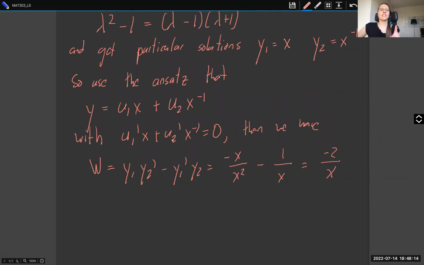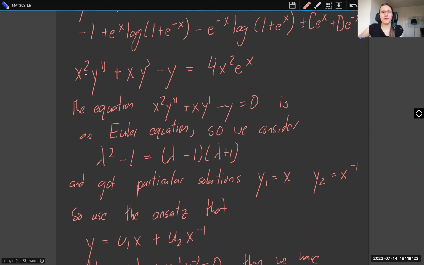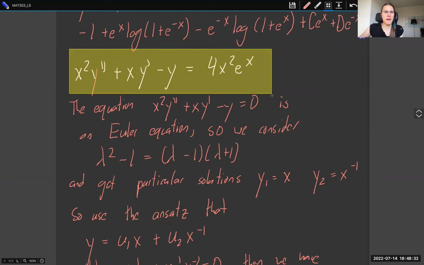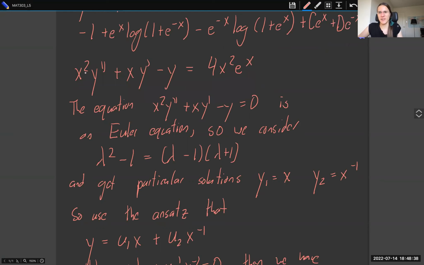And here is the very tricky part in which you're almost certainly going to make a mistake. This equation is not of the form y prime prime plus stuff. There is an x squared out front. So we're going to actually have to remember that h is defined in terms of equations in which this is 1. So we're going to need to divide this by x squared in order to get h.